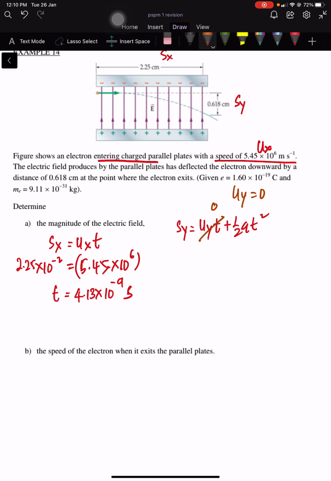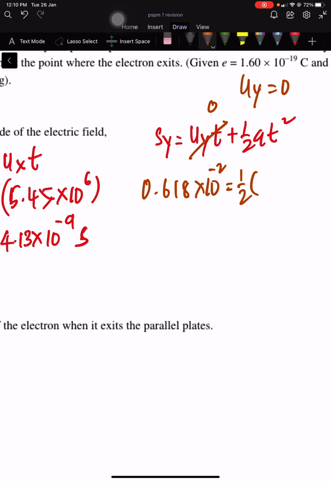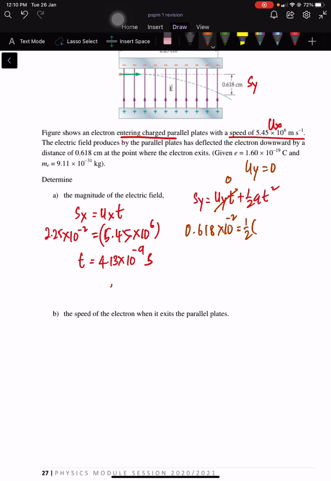So Sy is 0.618 times 10 to the power of negative 2. Half A is, okay, A formula comes from A is equal to Q naught E over M. Okay, Q naught is 1.6 times 10 to the power of negative 19, times with E divided by mass of electron.